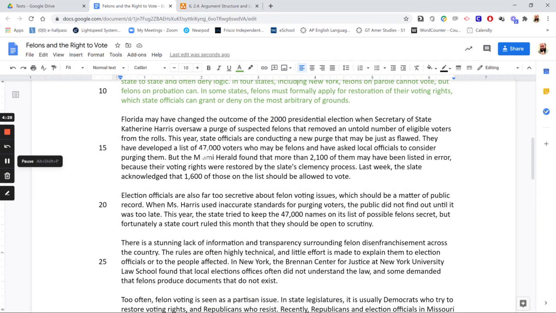They have developed a list of 47,000 voters who may be felons and have asked local officials to consider purging them. But the Miami Herald found that more than 21,000 of them may have been listed in error because their voting rights were restored by the state's clemency process. Last week, the state acknowledged that 16,000 of those on the list should be allowed to vote.